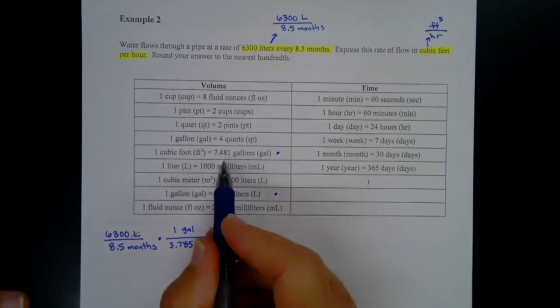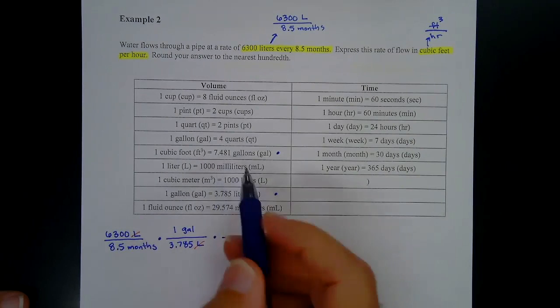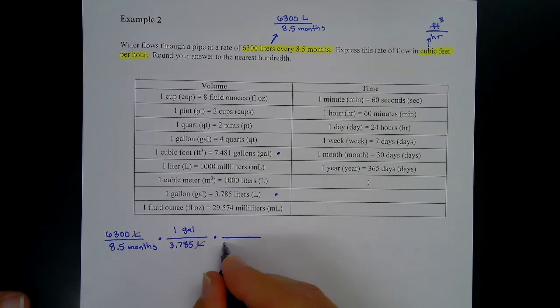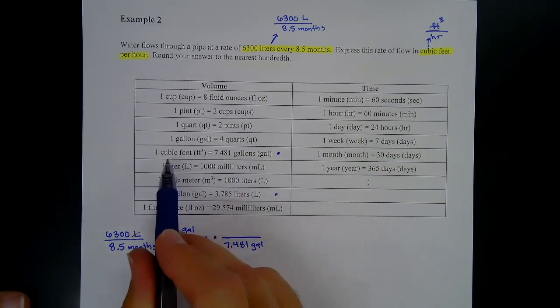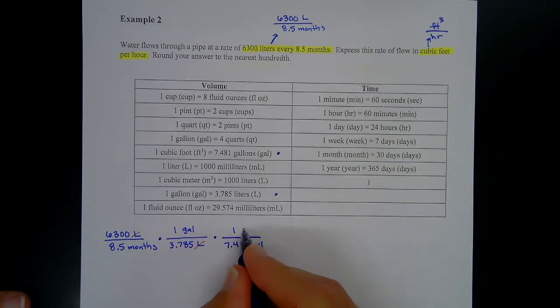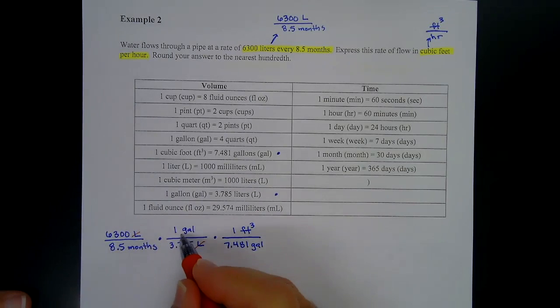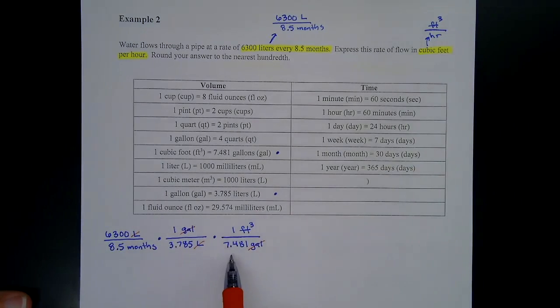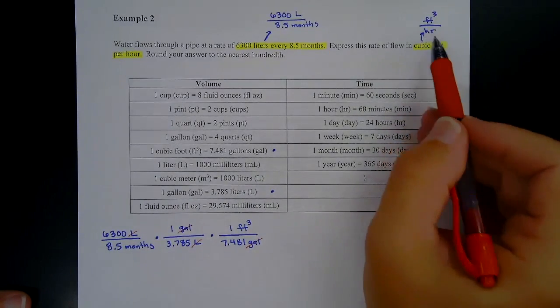I know 7.481 gallons, and I want the gallons on the bottom, so the gallons would cancel, is the same as 1 cubic foot. So now this gallon will cancel with this gallon. And what would we be left with? We'd be left with feet cubed on top, which is what we want, over months. I don't want months, I want hours.